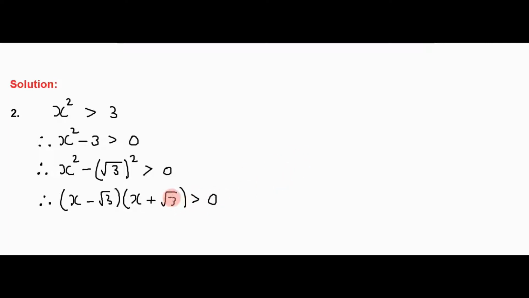Now we can draw a graph. So let's do that. So we can draw a rough sketch of this graph. We're only interested in the roots. So the roots are negative the square root of 3 and positive the square root of 3.